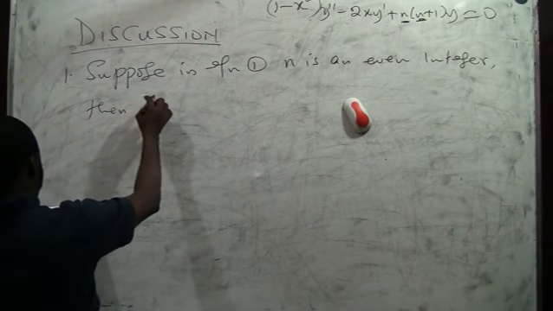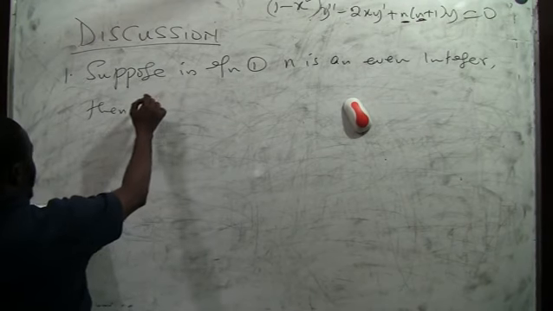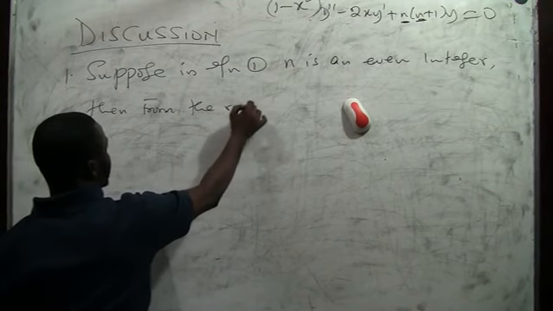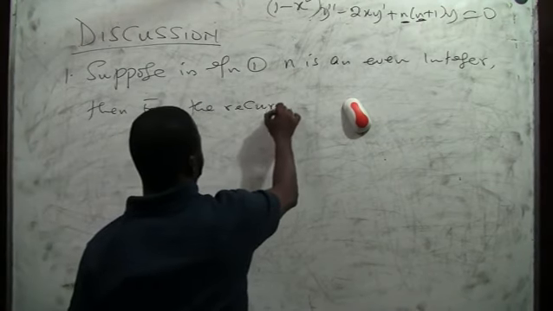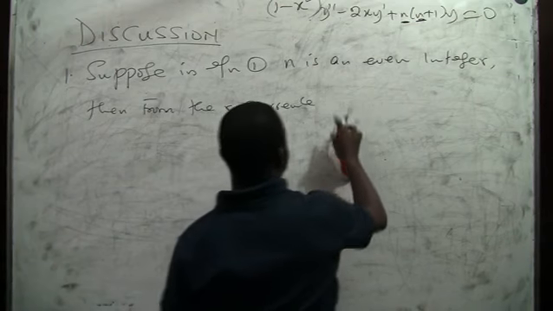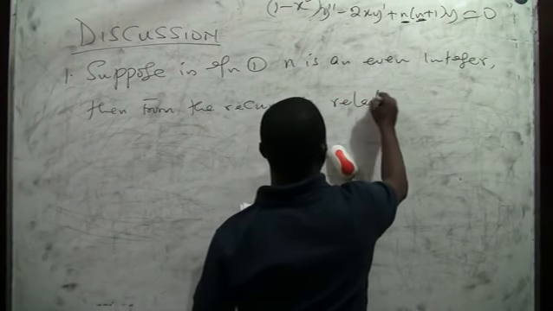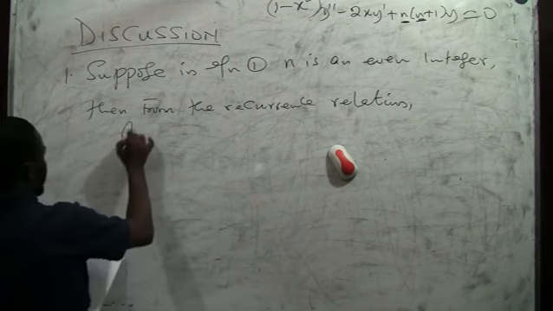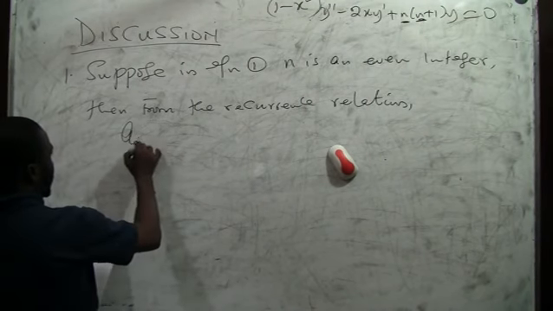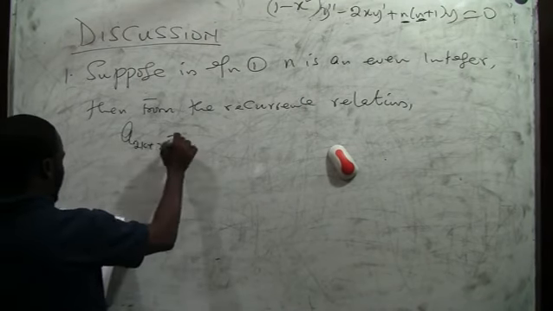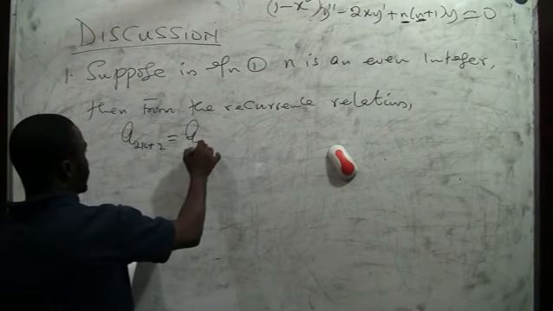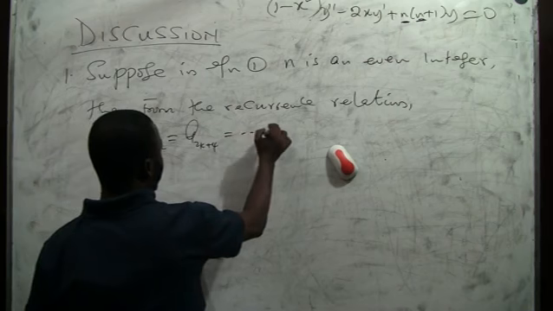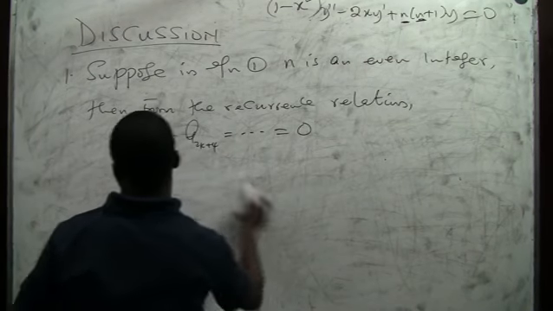from the recurrence relation, we are going to obtain the whole of this one as 0. a sub 2k plus 2 equals a sub 2k plus 4 equals, then everything becomes 0.